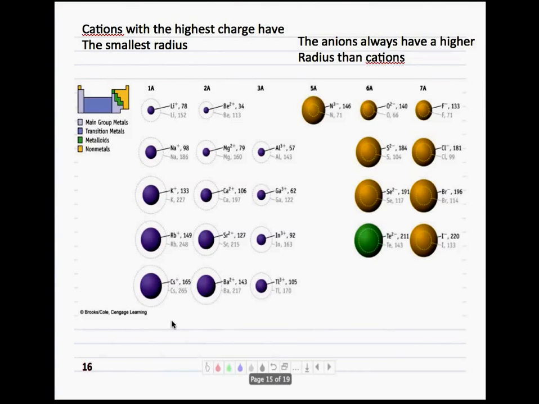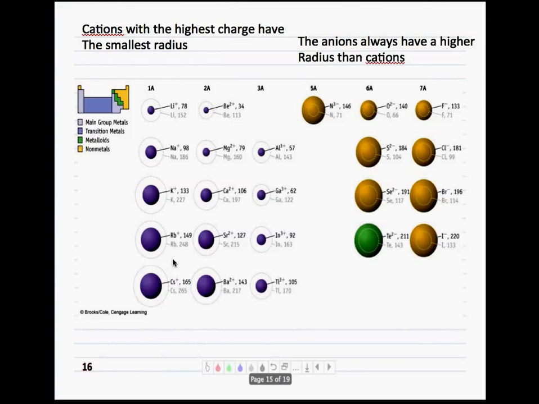Now what about anions? When we look at anions, for example N3 minus, O2 minus, and F minus, which has the smallest radius? Just look at the numbers. The numbers are there: 146, 140, and 133. The one with the highest charge has the biggest radius. Why? Because the 3 minus means it gained 3 electrons, and now it's going to have a bigger radius.